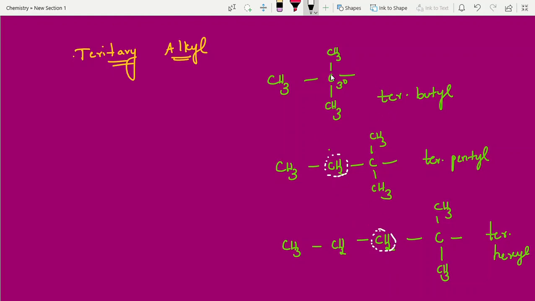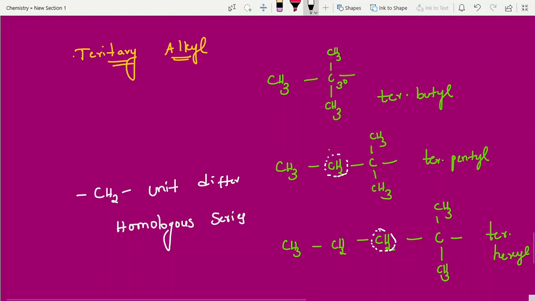Same alkyl, this is tertiary, this is also tertiary, and only one CH2 unit differs. That we call homologous series, the series which differs by only a CH2 unit.